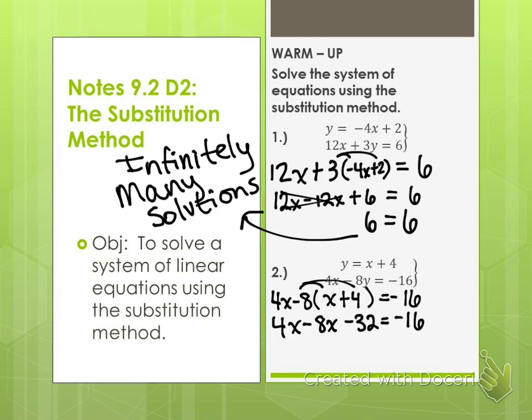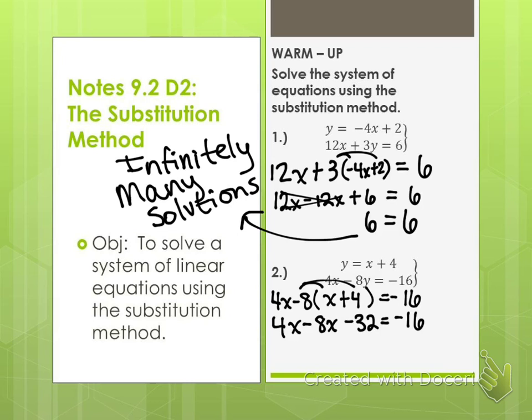All right, this one, the variables are not going away. Connie, what do we do next? So we've got a 4x minus 8x. What could we do with those? Okay.